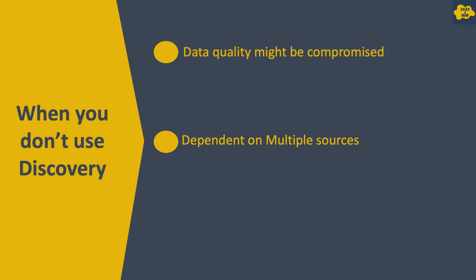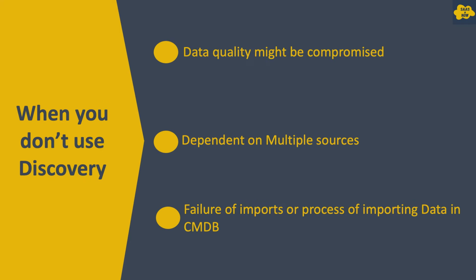However, discovery will be the only source which will help you to update the data in CMDB tables. When you don't use discovery, you might face failures or errors while importing data in manual import and other imports. However, once discovery is set up, there is the least possibility of failures unless you make changes in the functionality of the discovery.